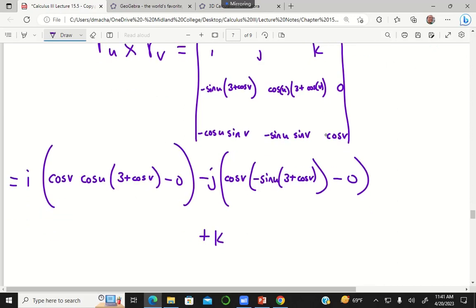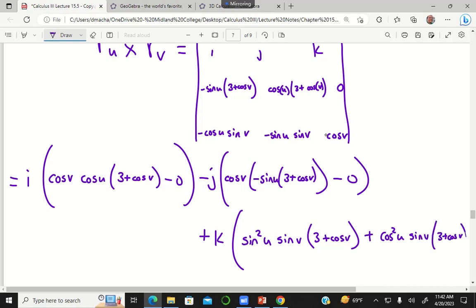Plus k, and k is times two negatives make a positive, so this is positive sine squared u times sine of v times 3 plus cosine v, minus a negative cosine squared u times sine v times 3 plus cosine v.